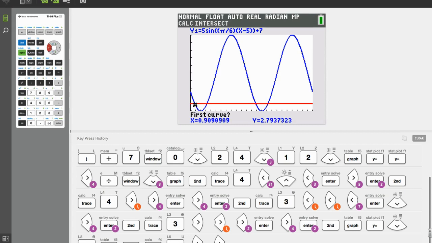Once we're near our intersection, we're going to hit enter 3 times. And the first intersection happens at 0.773. So we just need to write the x values, but you're going to do that 4 times. You're going to do it for this intersection, this intersection, this intersection, and this intersection.